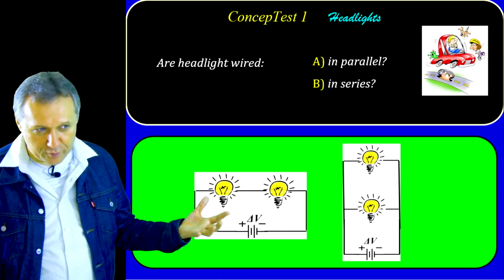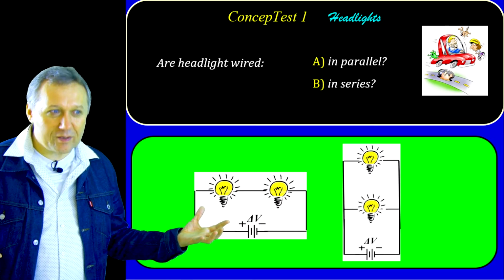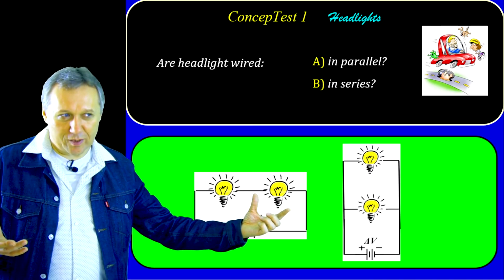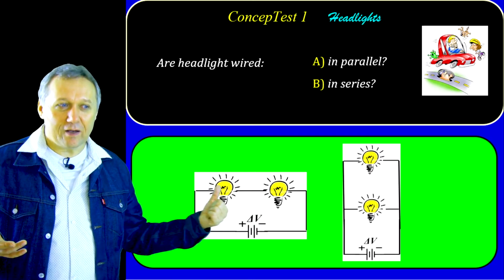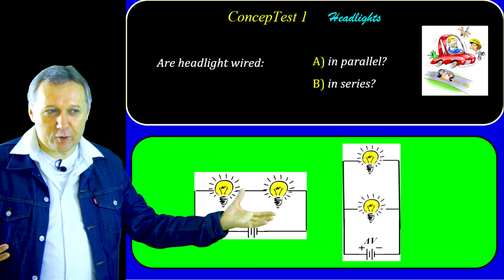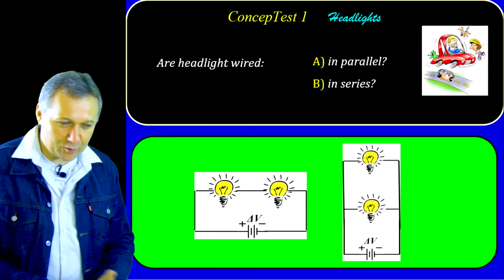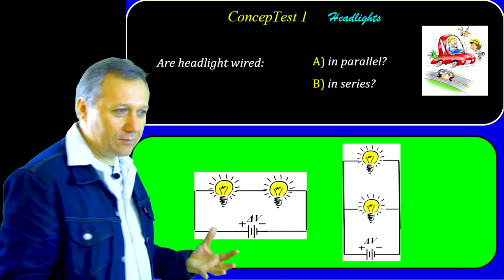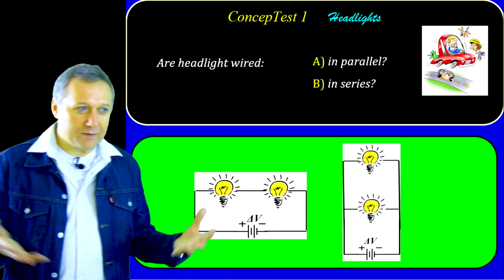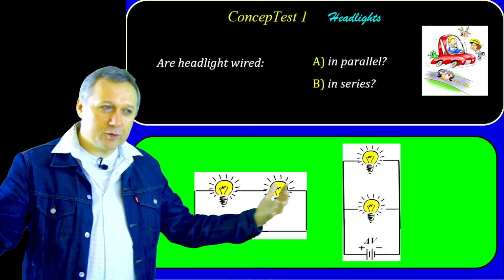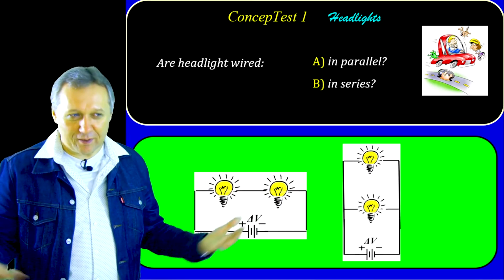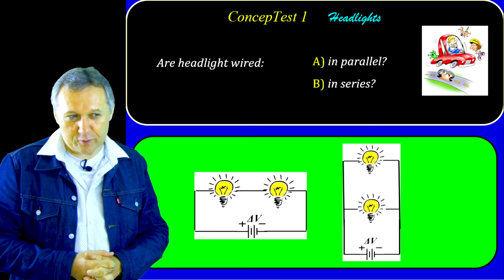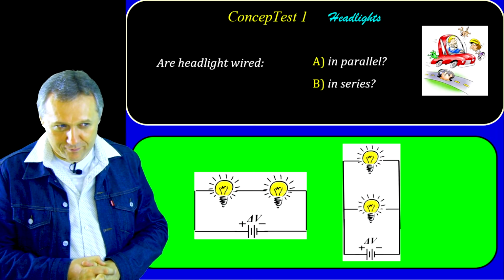It will be an open circuit, so there would not be any current through this bulb, and as a result both of these bulbs are going to produce nothing. So if you use this wiring and one bulb is out, then you will end up in complete darkness, which from a safety point of view is, of course, not the best solution.